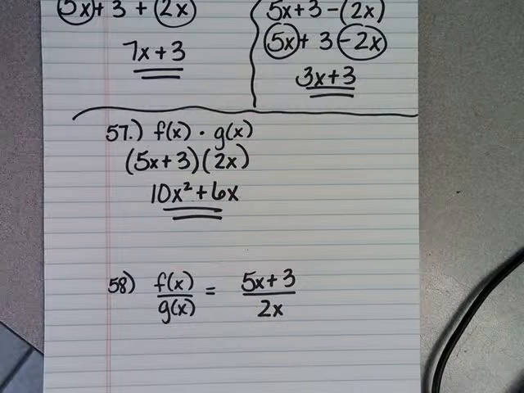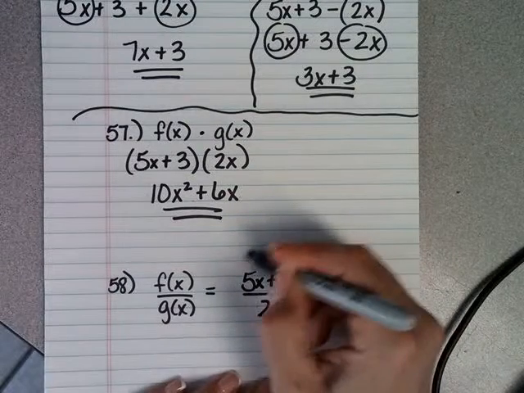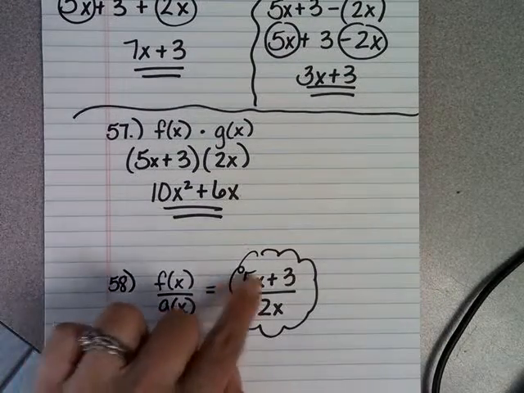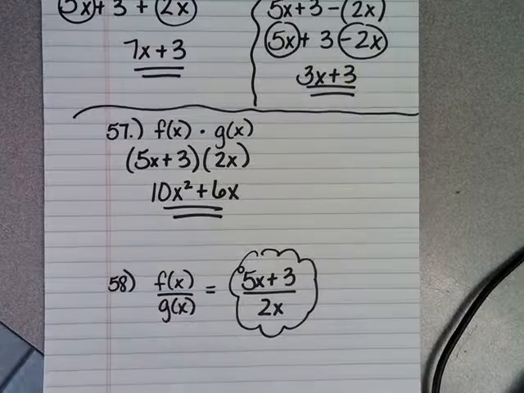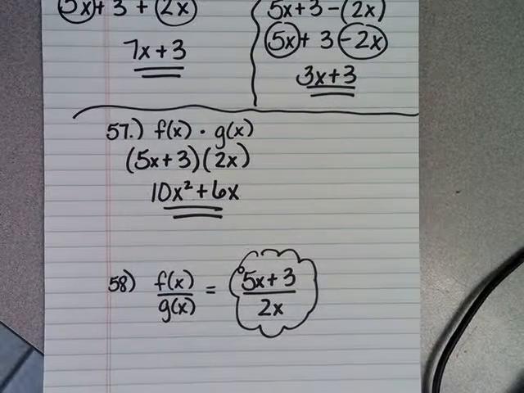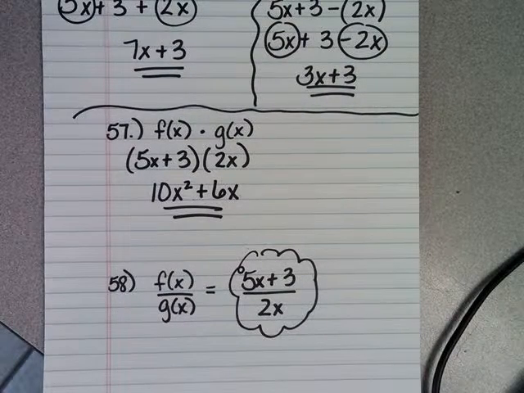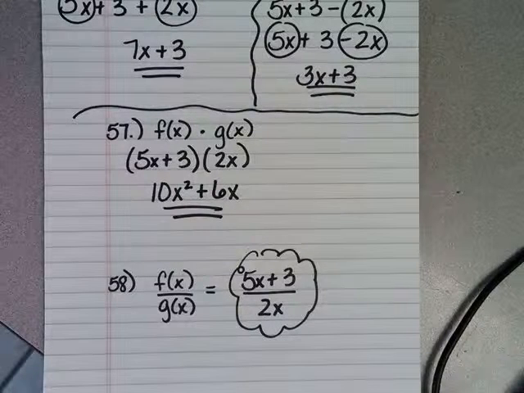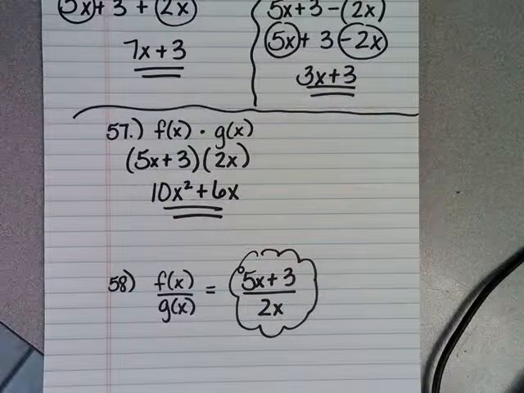Yes or no? No. So that's your answer, because you can't reduce it. If you reduce, it has to work in all the terms, and there's nothing you can divide out. So our answer is 5x plus 3 all over 2x. Any questions?